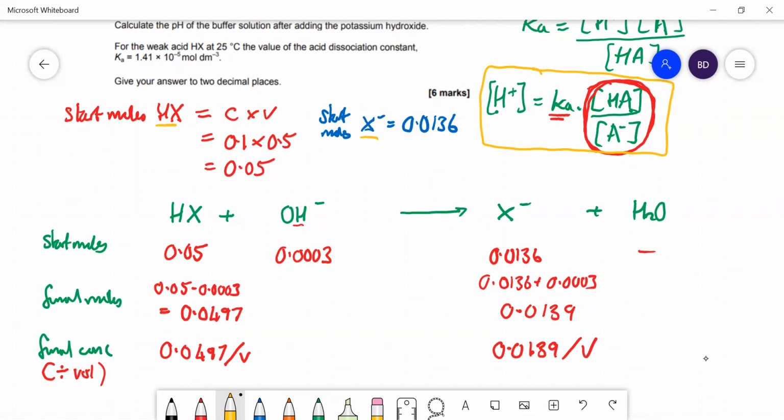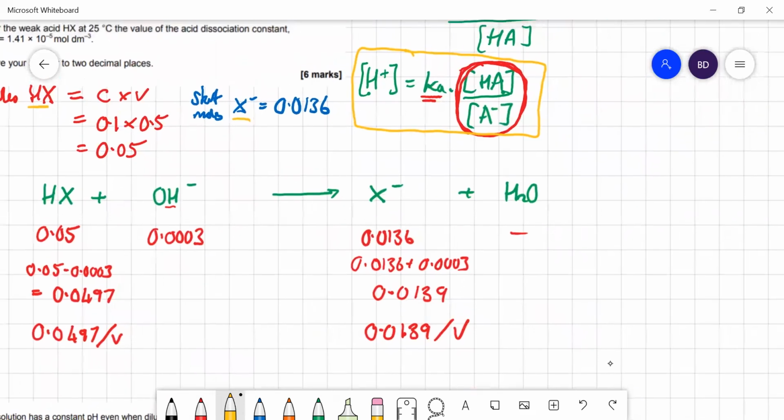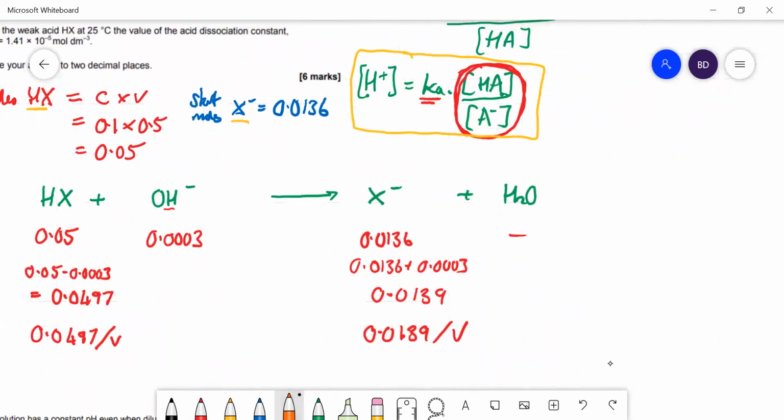Now all we've got to do is put our numbers into this equation here. So H plus is going to be equal to the value of the Ka, which is 1.41 times 10 to the minus 5, multiplied by HA, I'll call it HX, so 0.0497 over V divided by 0.0139 over V. Those V's are going to cancel out.